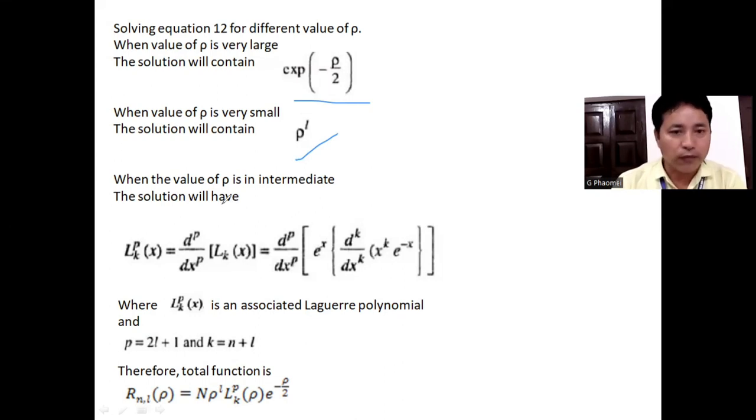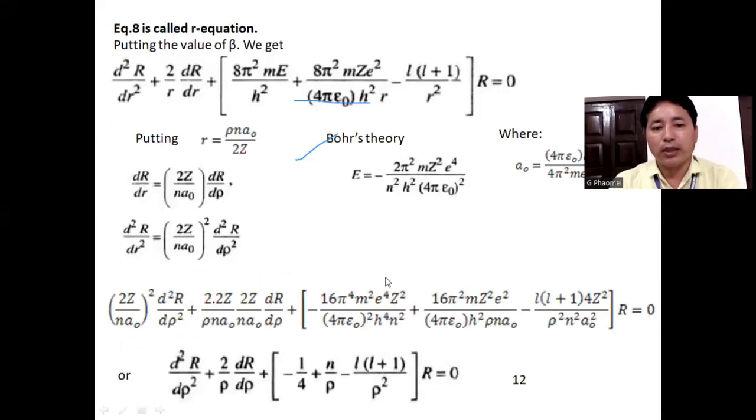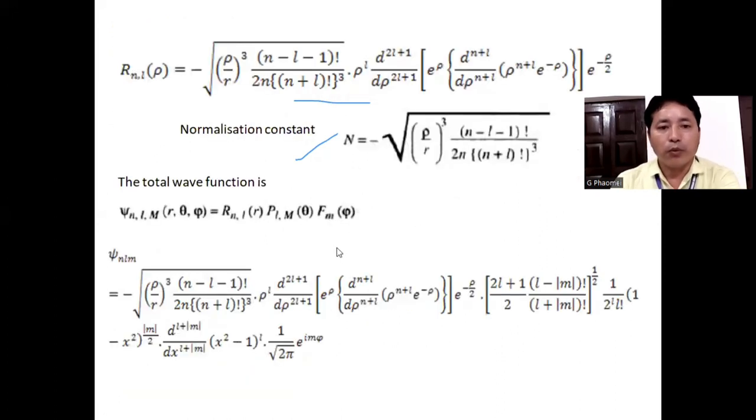We do not know. But we can assume that R is surely a function of rho. Therefore, putting this value and substituting in the above equations, that means the value of dR by d rho, and the value of d square R by d rho square, we can simply find an equation.